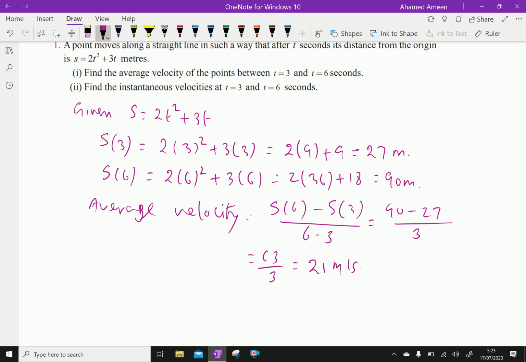Therefore, average velocity is 21 meters per second. This is the first part of the question.